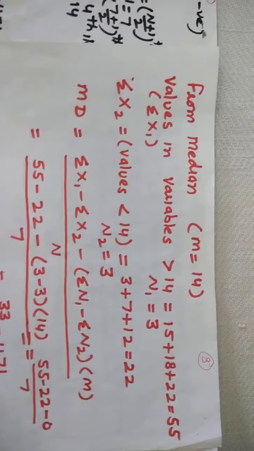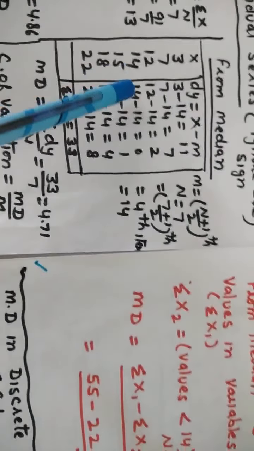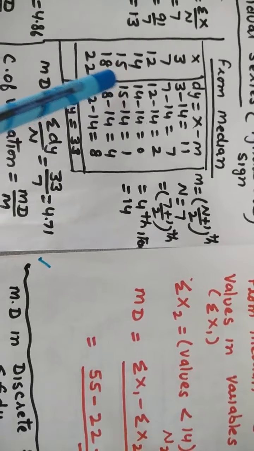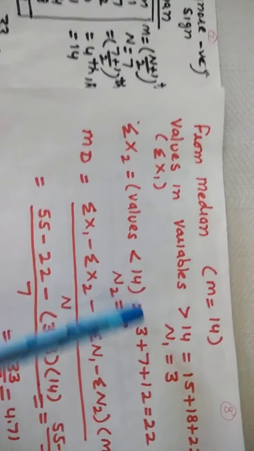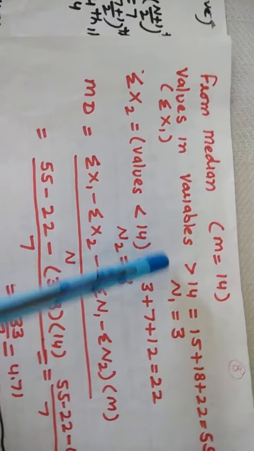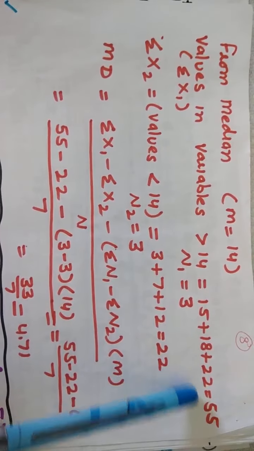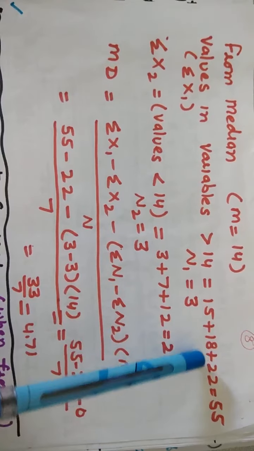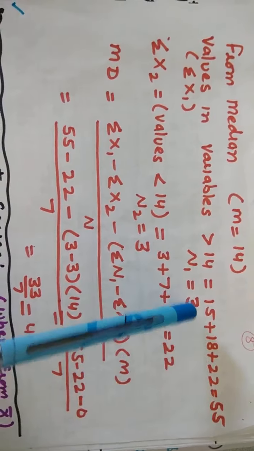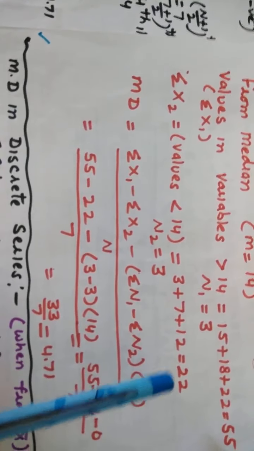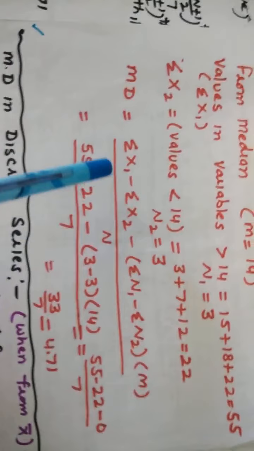Direct method with median. Here the median is 14, so take values greater than 14, that is 15, 18 and 22. Summation x1 is 15, 18, 22, total is 55, number of values is 3, so n1 is 3. Summation x2, values less than 14 from the given variables, 3, 7, 12, are also 3 values. Total of this is 22 and n2 is 3.